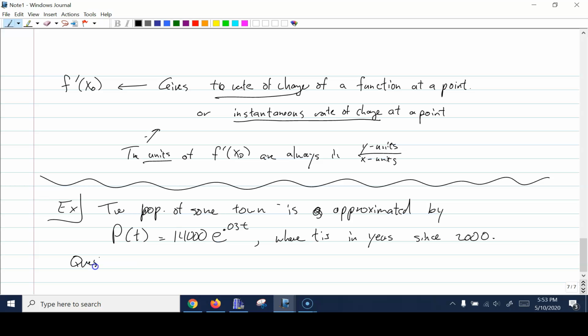Our question is, how fast was the population growing at the start of 2020?